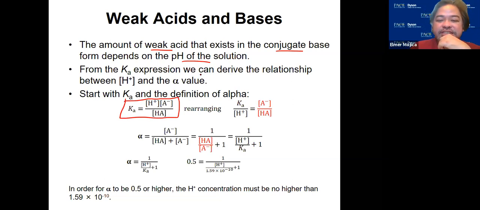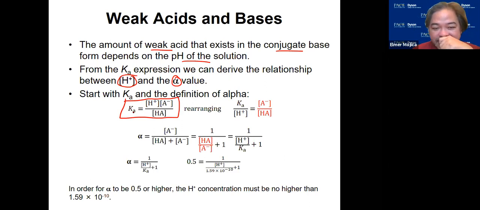Now, from this, we can derive the relationship between the concentration of the H plus and the dissociation fraction, or fraction of dissociation that we have here. So we start with the Ka and the definition of the alpha value.